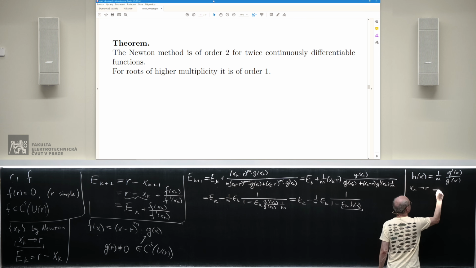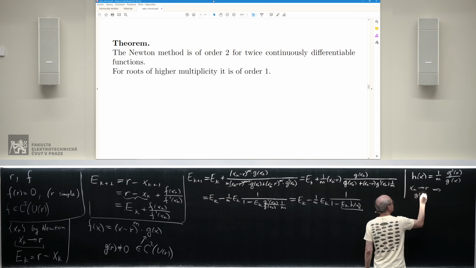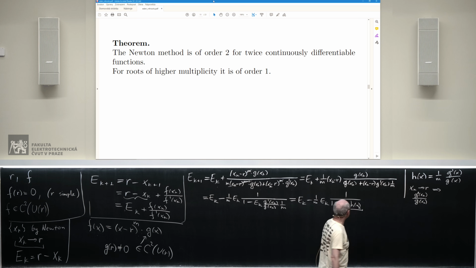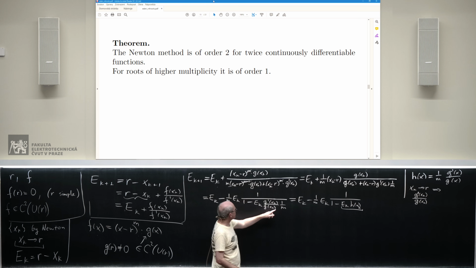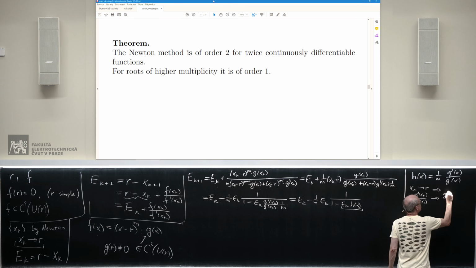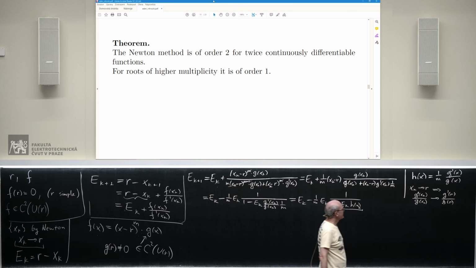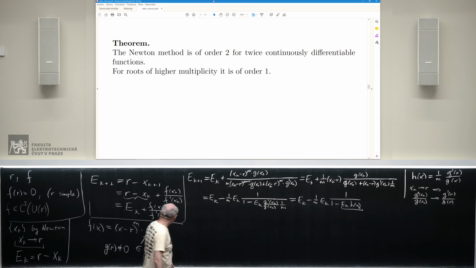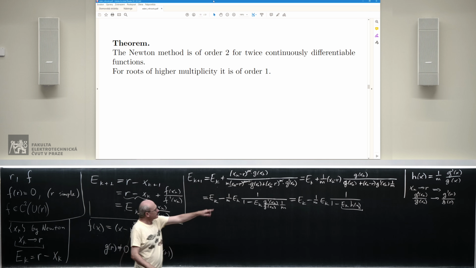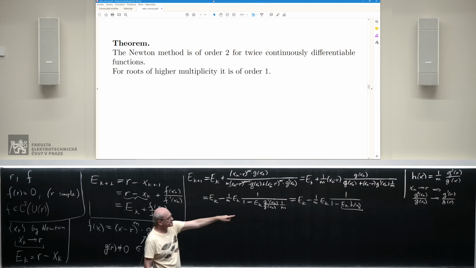And therefore, g prime (x_k) over g(x_k), where one of them is differentiated, the top one, converges to g prime (r) over g(r). Does it make sense? Well, g(r) is not 0, and therefore this limit makes sense.